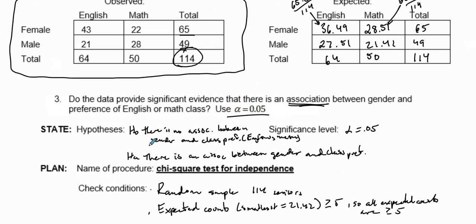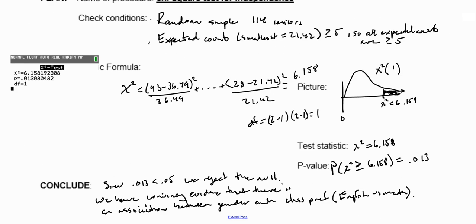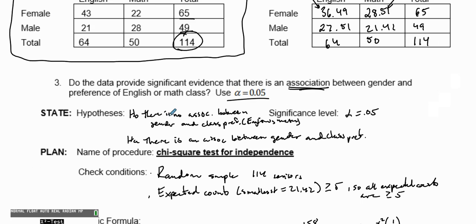Essentially we begin by saying that they are independent, but then our alternative, if they're not independent, is that we found convincing evidence that they are not independent. So there is an association between gender and class preference.